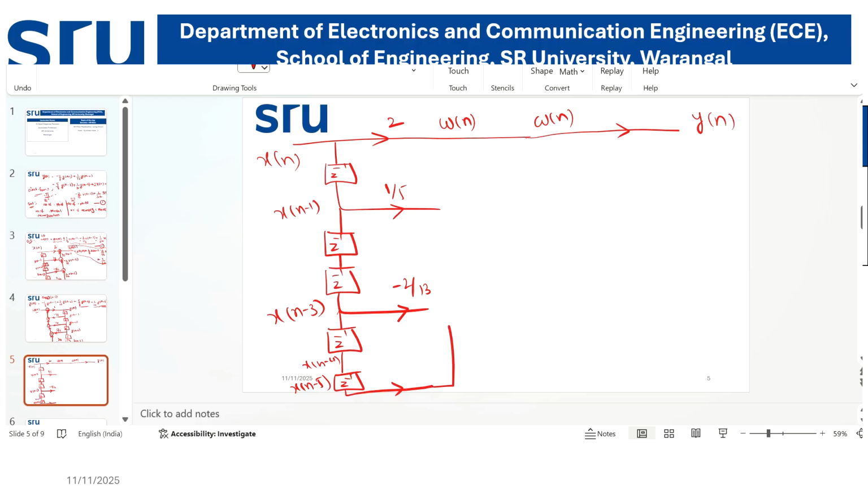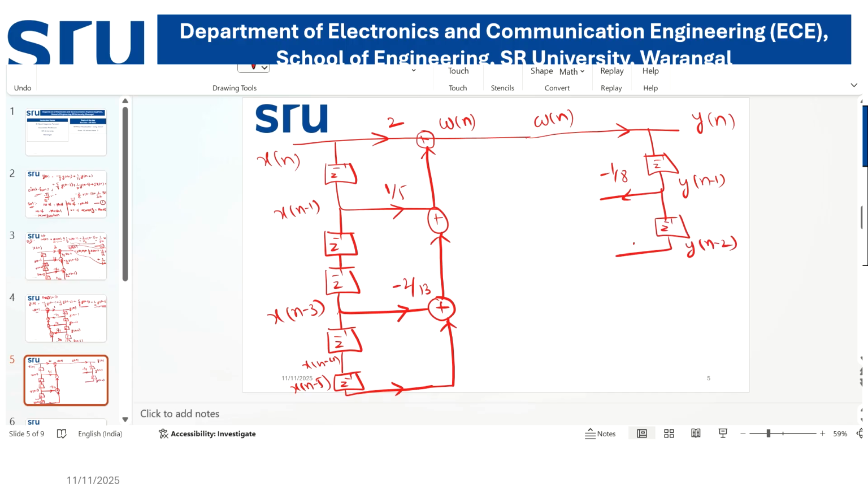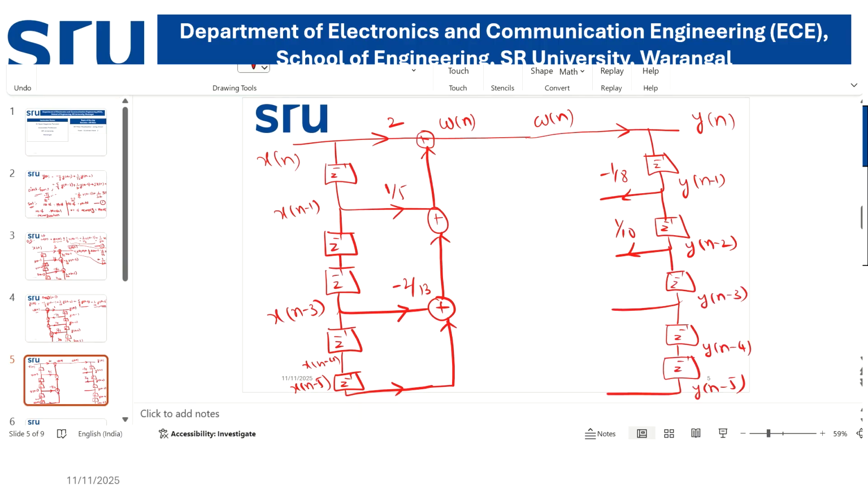So combine both the circuits to get the final direct form 1 realization. Next, at the output side, suppose in the expression y of n minus 4 is also there, then you have a connection from this point.